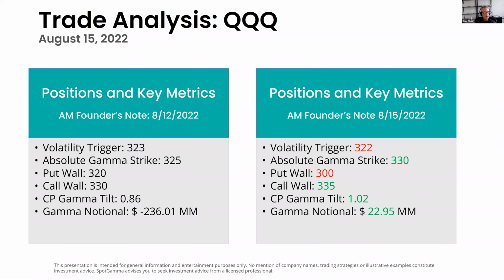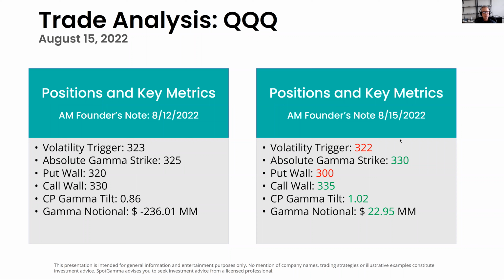So I'm showing the changes in levels, and I'm color coding the numbers based on whether the number increased or decreased.